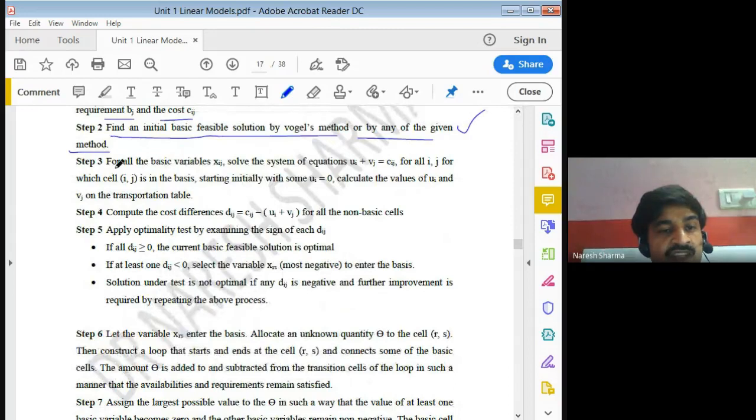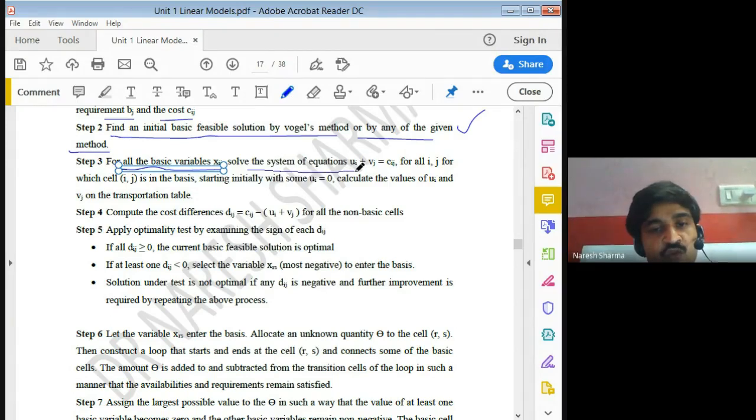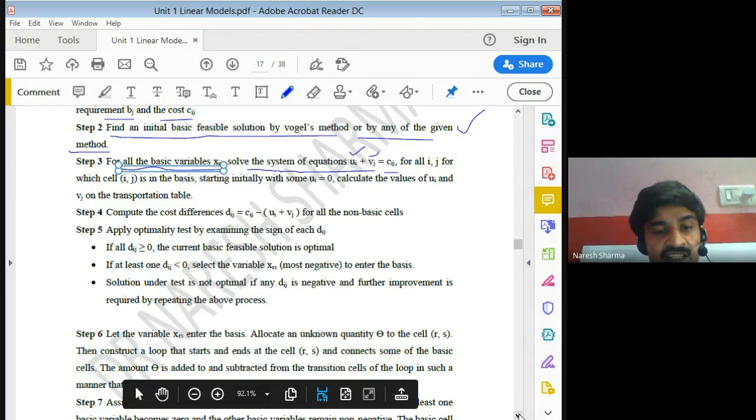Now this algorithm, step 3, says for all basic variables, meaning allocated positions with the value xij, solve the system of equations u plus v equal to Cij, where u is your availability and v is your requirement, like here in this example.